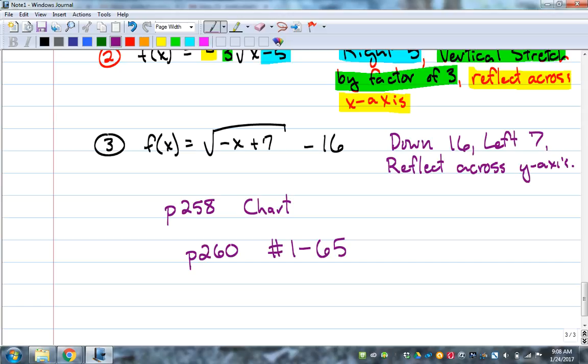And then a number in there times x on the inside is going to be your horizontal stretch if it's a small number, compression if it's a big number. And then on the outside, plus is up, minus is down. Always, no matter what original function you start with, the transformations work the same on every different function. Whether it's the square root function or the cubic function, they all work the same way as far as shifting and transforming that. All right.